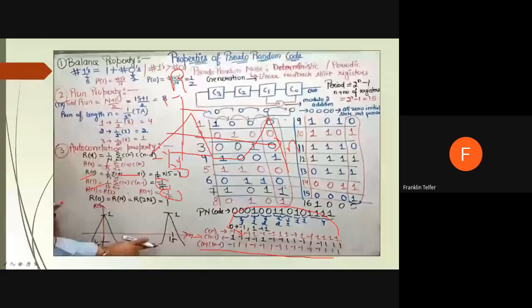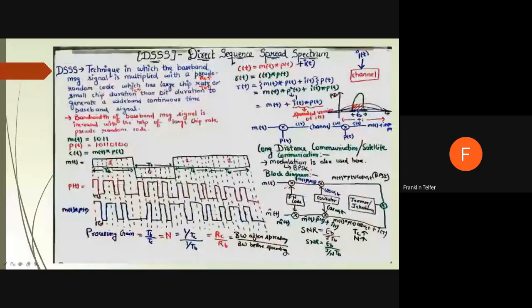So the next one is the direct sequence spread spectrum. Here we have seen it is one of the ways of spreading the code. It is pseudo noise, where the chip rate can be taken as RC, and the bit duration can be taken as TB, and the chip duration can be taken as TC. So this can be taken as 1 bit duration, and the whole chip duration can be taken as this one.